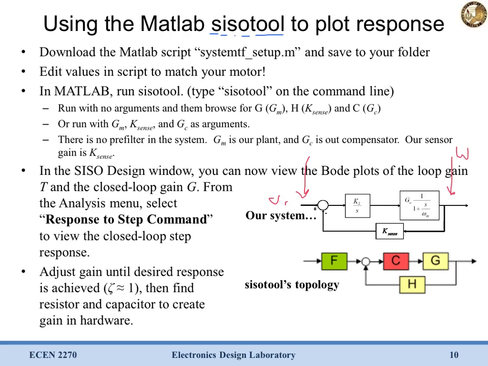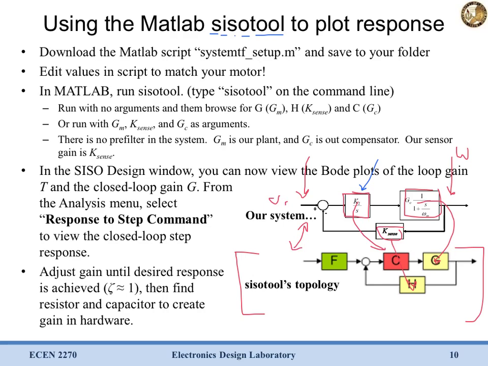Now what SISO tool does is it assumes some sort of topology, and this is one of the topologies it assumes, and you can see that it's very similar to our system. You can simply plug in your parameters, so we'd plug this in for G in SISO tool, this in for H, and then plug in your integral controller k sub I over S for C. SISO tool will allow you to modify k sub I and to see how the closed loop response changes as you modify it.